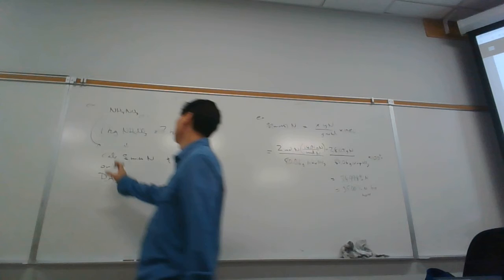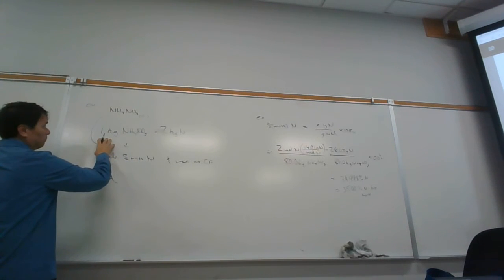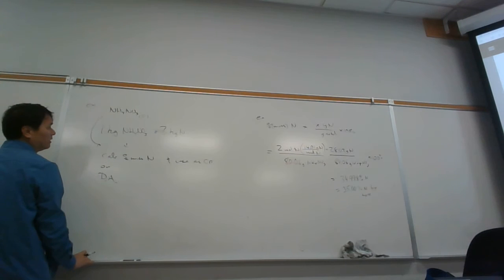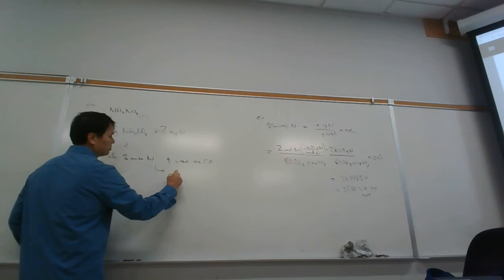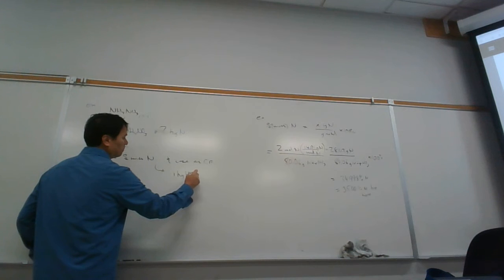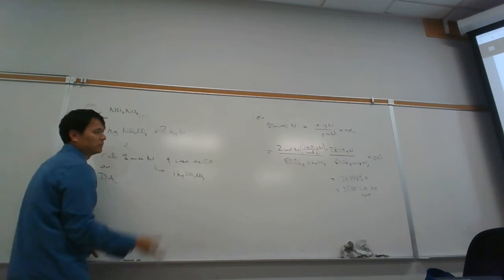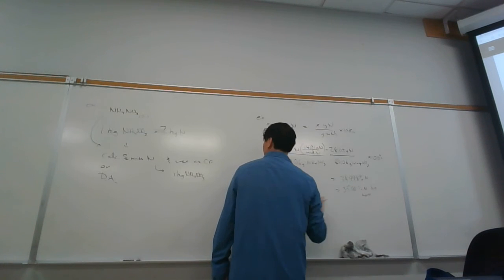So for every kilogram, I'm going to get 0.35 kilograms of nitrogen. And so the first way I could do this is I could just go 1 kilogram of ammonium nitrate. And this is a percent by mass, so we can use whatever units we want. This could be kilograms, pounds, whatever.